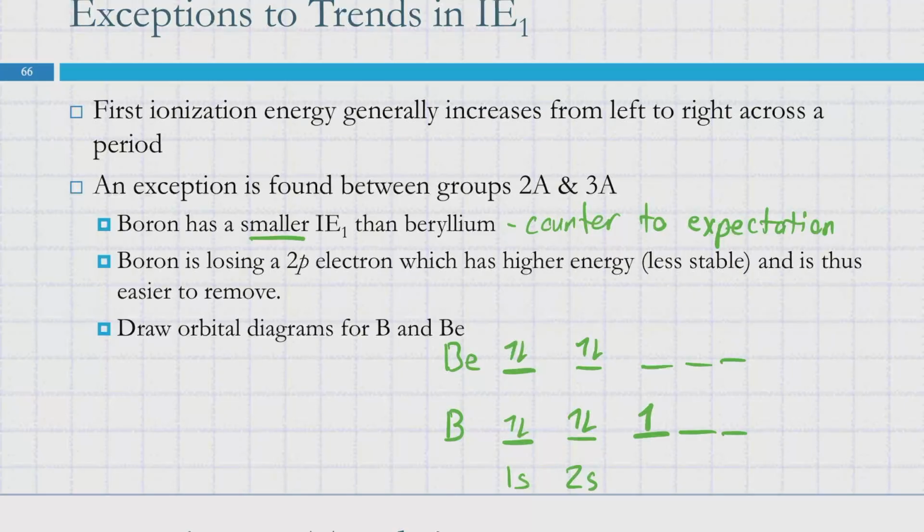Boron, however, will have 1 electron in the p block because it's in that first spot in the p block, that far right group for our main group elements. Since it just has 1 electron there, that makes it relatively easy to remove, compared to removing this paired electron in this full s shell.